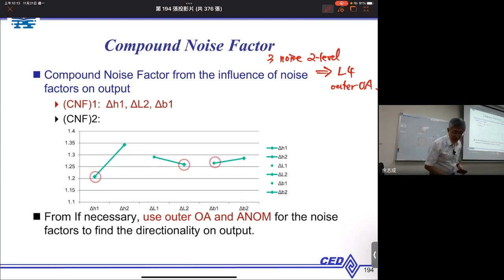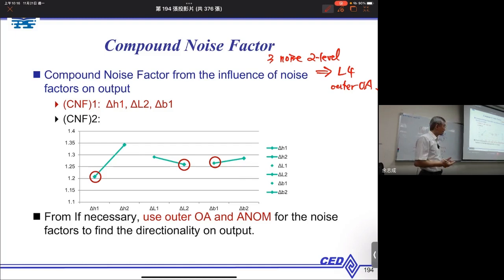So if we make a combination delta H1, delta L2, and delta B1, such as this one, it will make our stiffness the lowest, remember? At the same time, how about CF2?